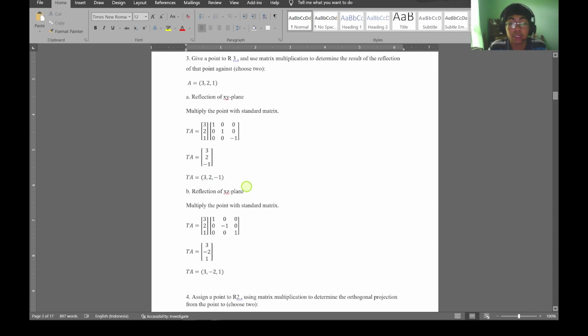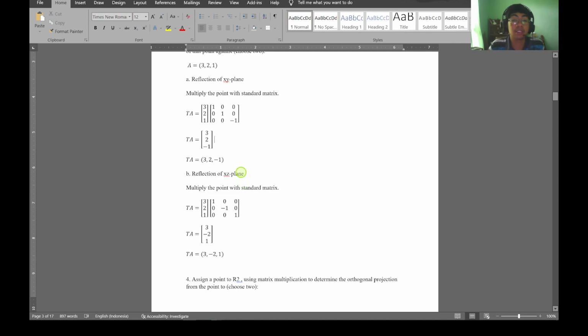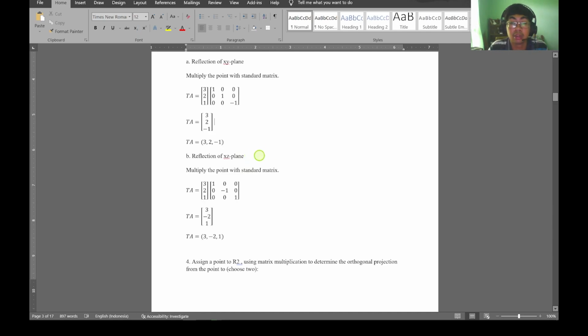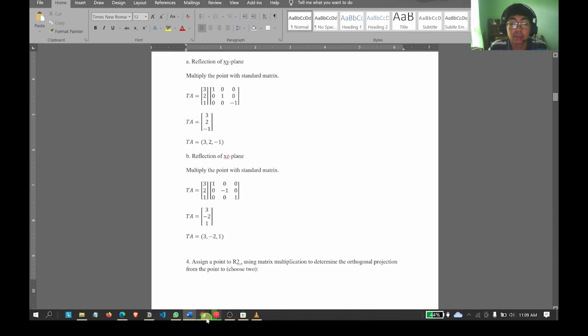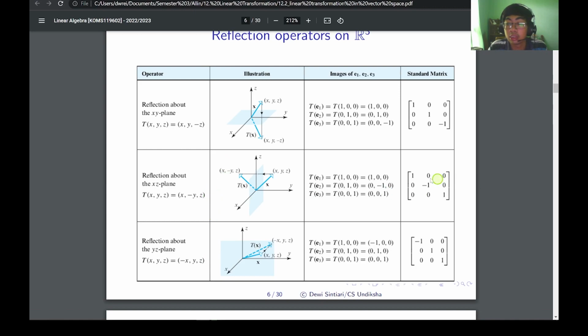Next is the reflection on the xz plane. We need to multiply the point with the standard matrix. The standard matrix of this plane is 1 0 0, 0 minus 1 0, 0 0 1.